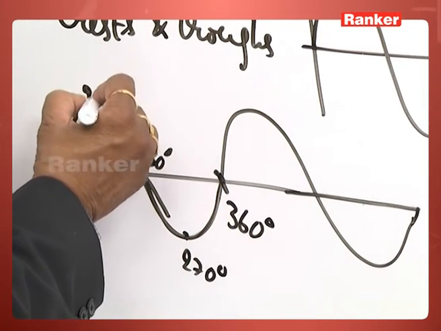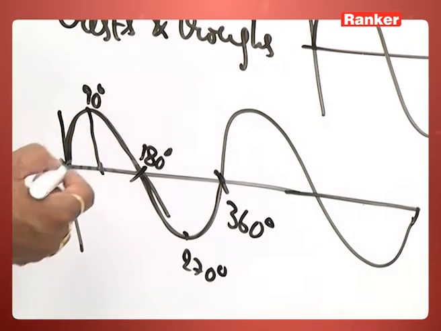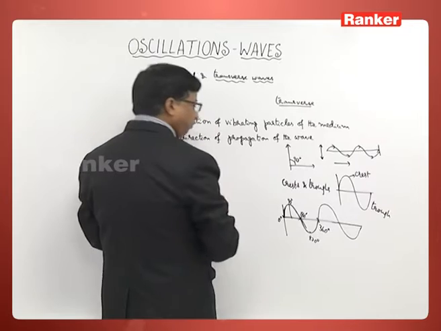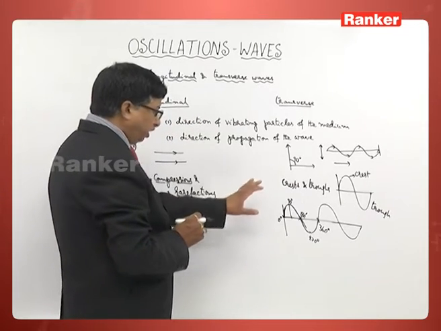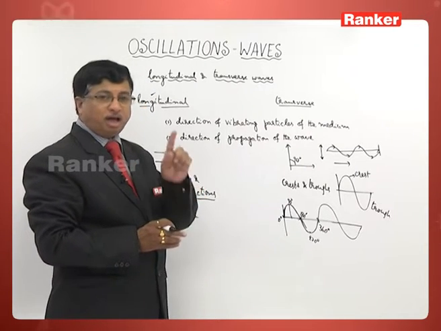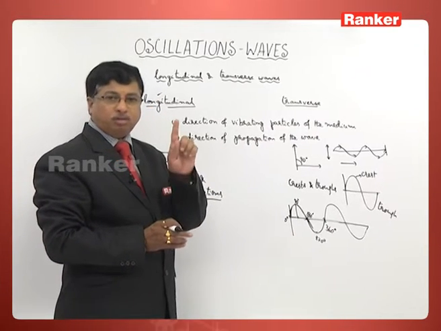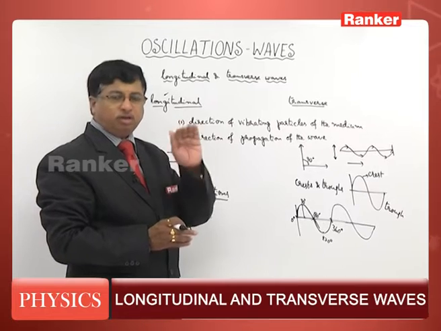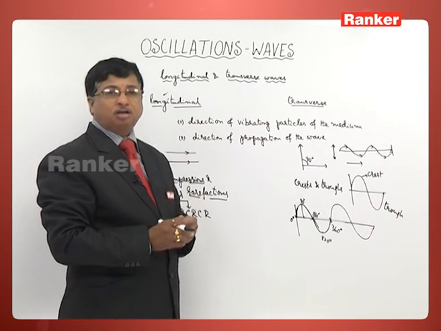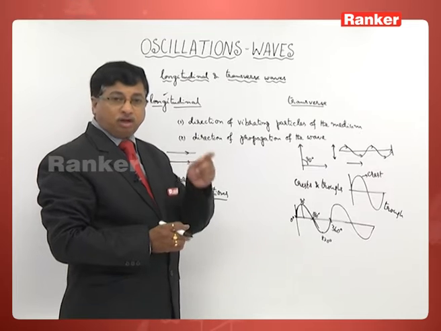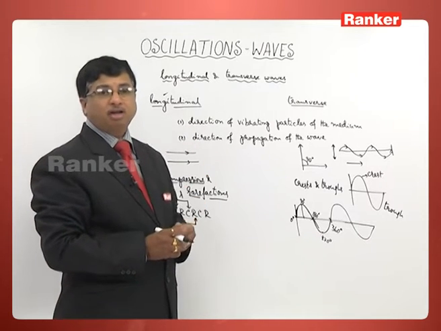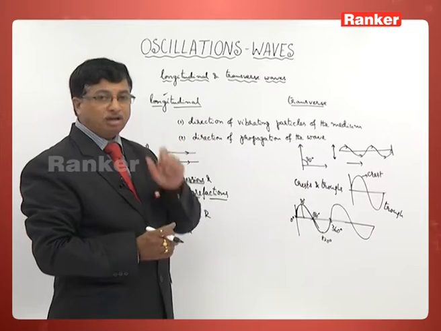When the particle vibrates, we take its state of vibration in terms of the angle it makes with the initial position. The angle subtended by the particle with respect to the mean position of rest is what we call the phase or phase angle.